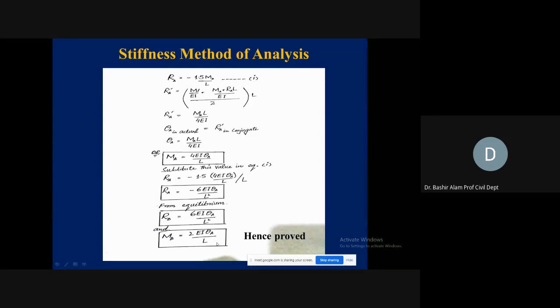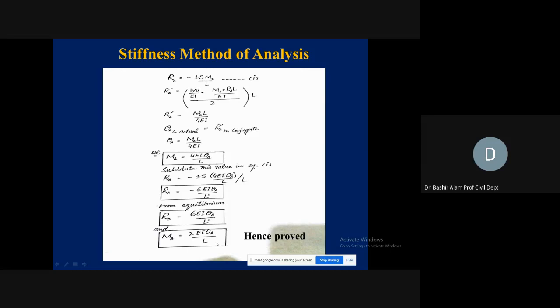Now, if somebody is asking me that let's say some theta is given at an end of a member, you tell me how much will be the actions generated. I'll say at the same end, which is the near end, moment will be generated in the same direction of the theta. And it will be having a magnitude of 4EI theta A divided by L, let's say A was the end.